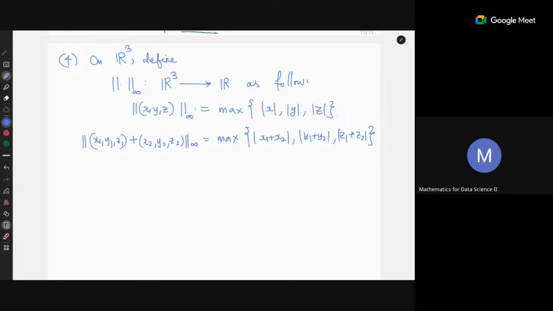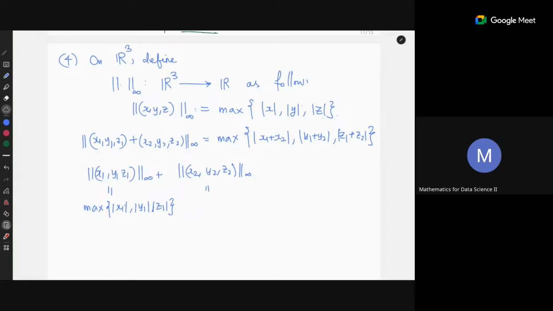Now, what is the right hand side? Right hand side is the individual one. This is nothing but the maximum of x1, y1, z1. Similarly with this also, we will have the maximum of x2, y2, and z2.